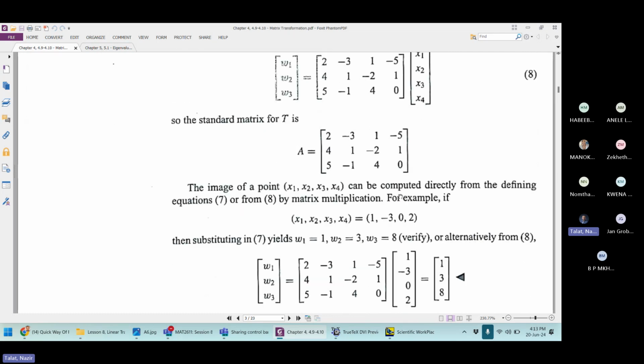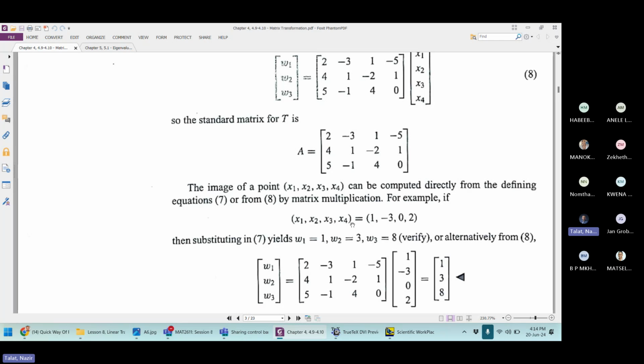For instance, if we put some vector of R4, like 1, -3, 0, 2 over here, and multiply with the matrix A, then you will get the output 1, 3, and 8. It means that it gives us elements in W, so it gives us elements in R3.